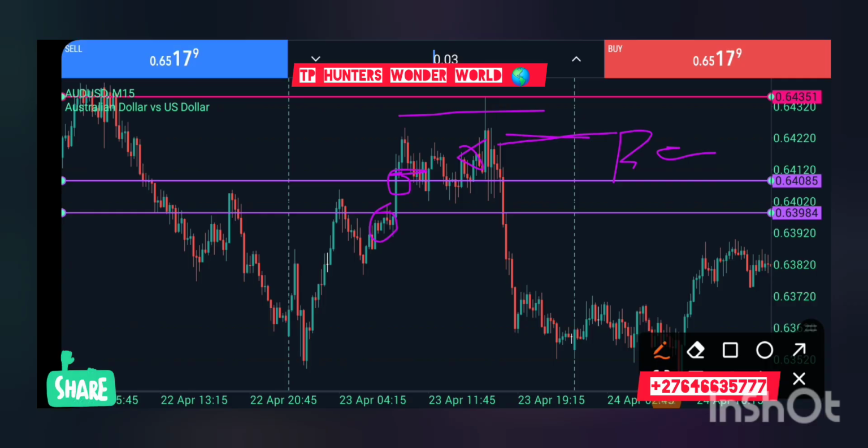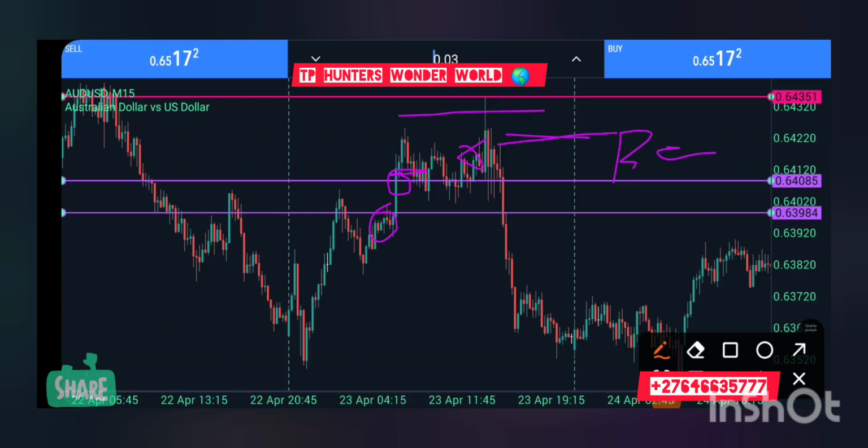So guys, you enter after confirmation. Once the market grabs liquidity and gives us market structure, with a clear SL above or below traps.